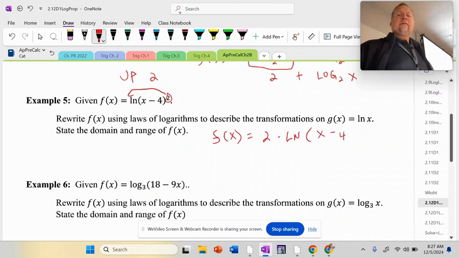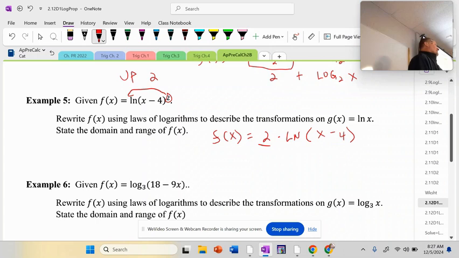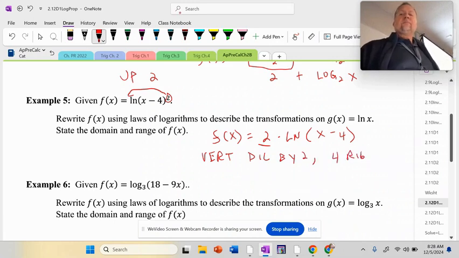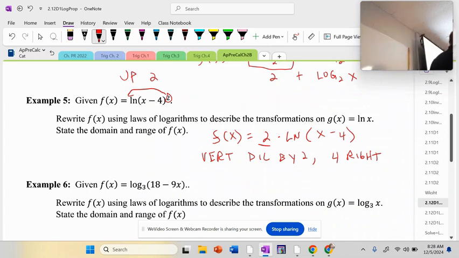What would we call this? A vertical or horizontal? Vertical, stretch, or shrink. So that's a vertical stretch by 2 or a vertical dilation by 2. And we already had the 4 right. That didn't change. We could have said 4 right to begin with, but how do I analyze that squaring? We never really talked about anything like this.